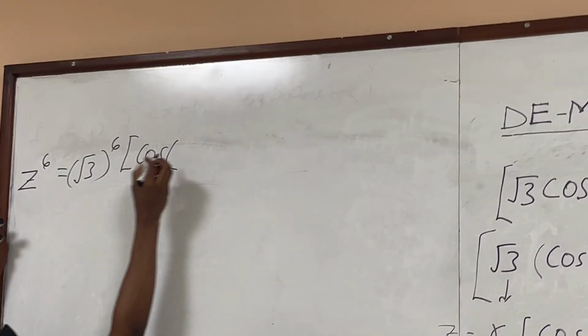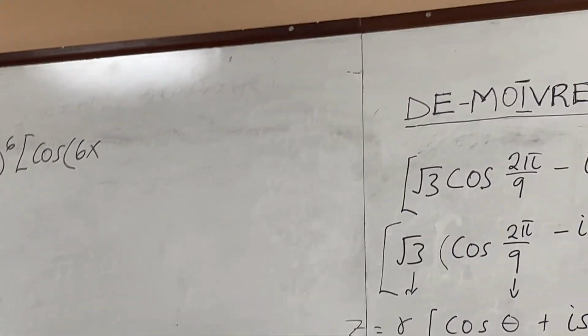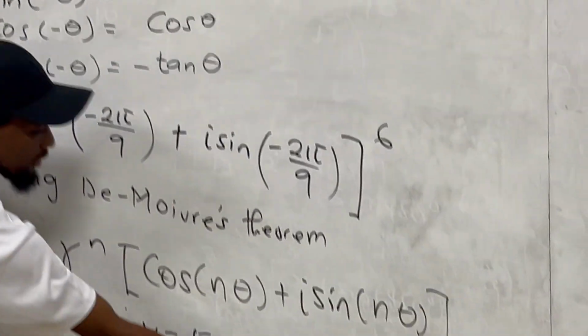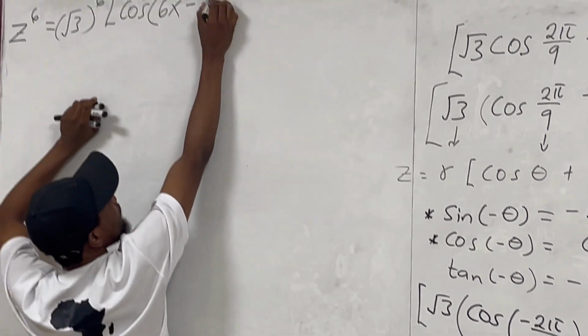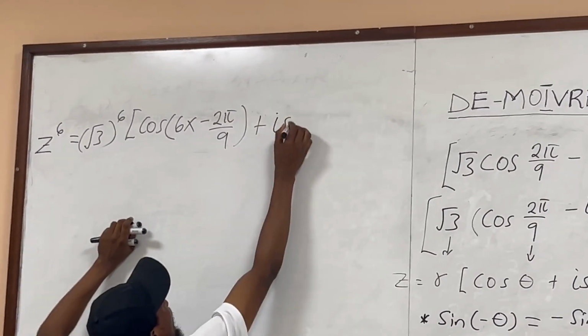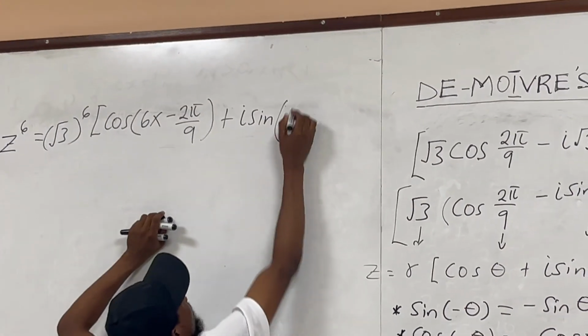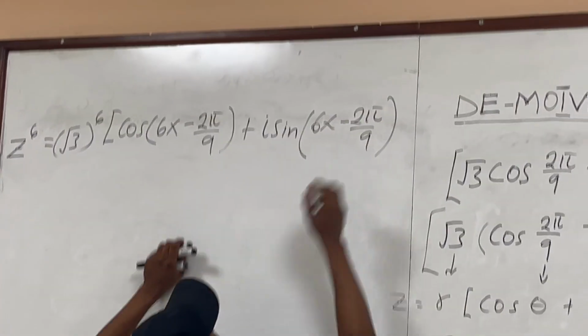This is the n, which is 6, times the angle. This is the angle. So I have negative 2 pi over 9, then plus i sine of 6 times negative 2 pi over 9.